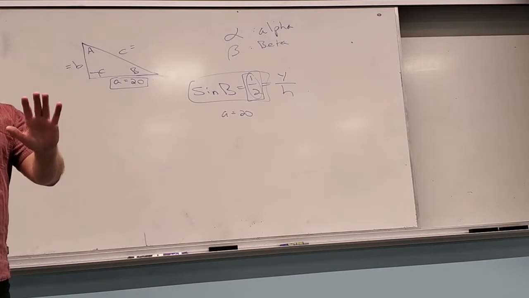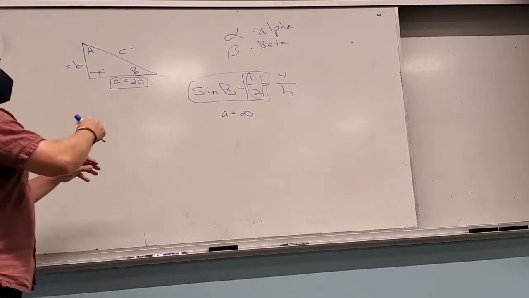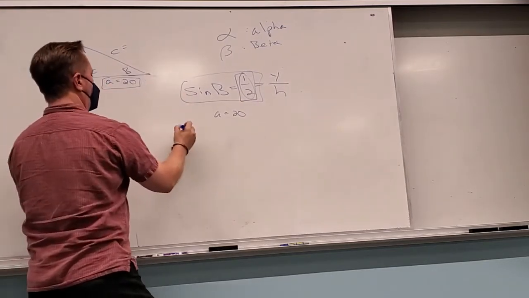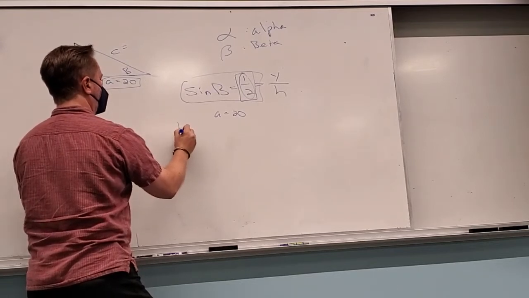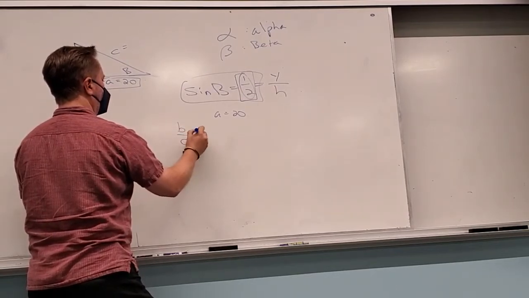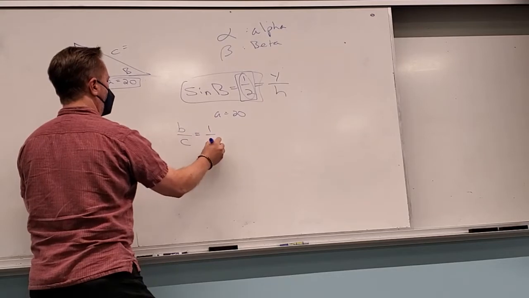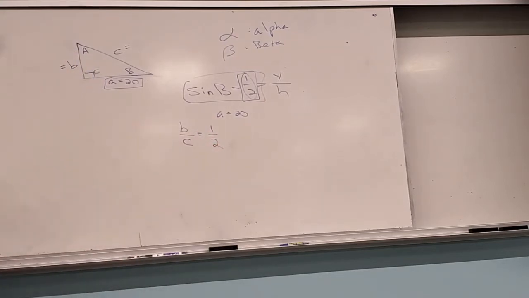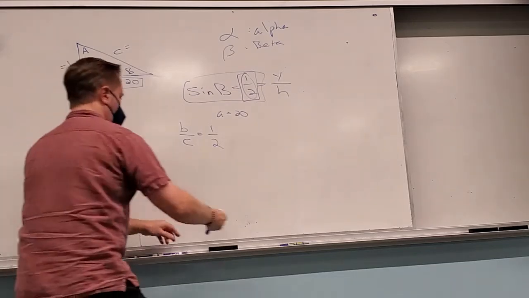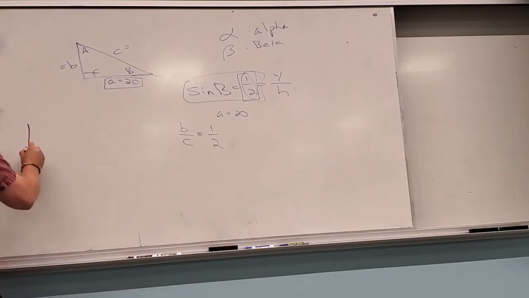Let's see if this makes some sense. I know that whatever side B is and whatever side C is, it reduces to be 1/2. Is that cool? And again, let's really make sure that you get this.